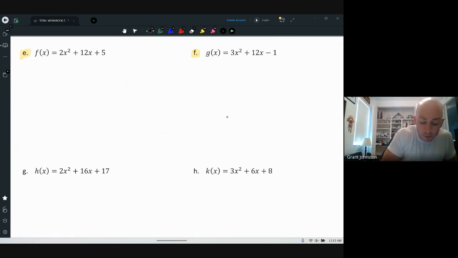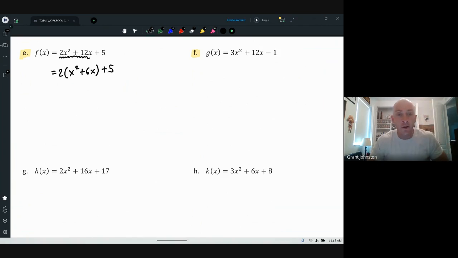Out of these first two terms, I'm going to factor a 2, so it would be x squared plus 6x. I'm going to rewrite everything else. Now I'm going to try to complete the square with the x squared plus 6x in there.